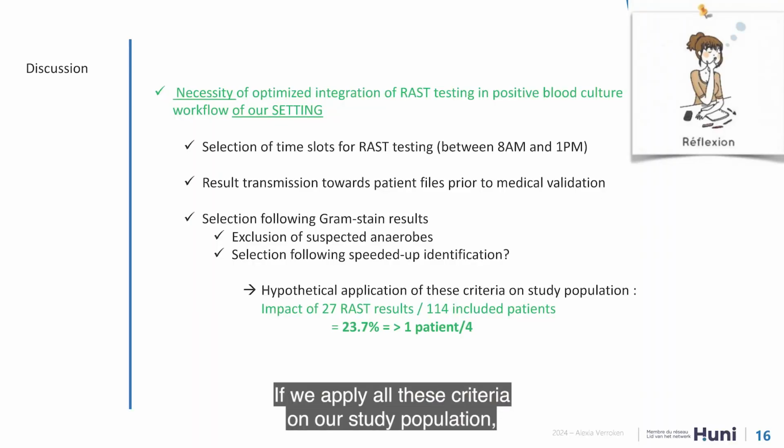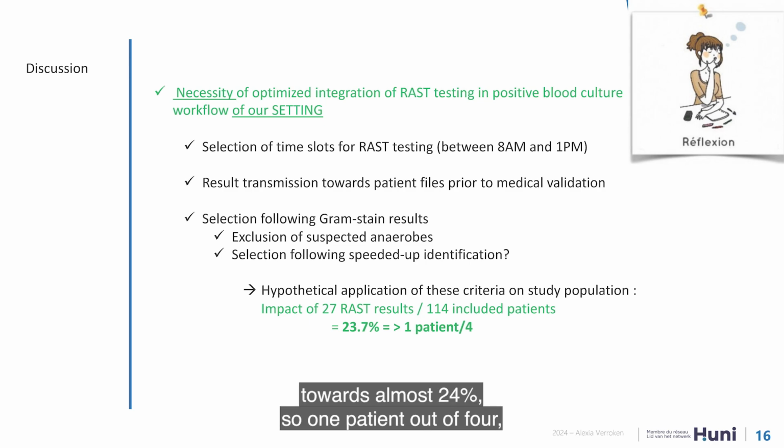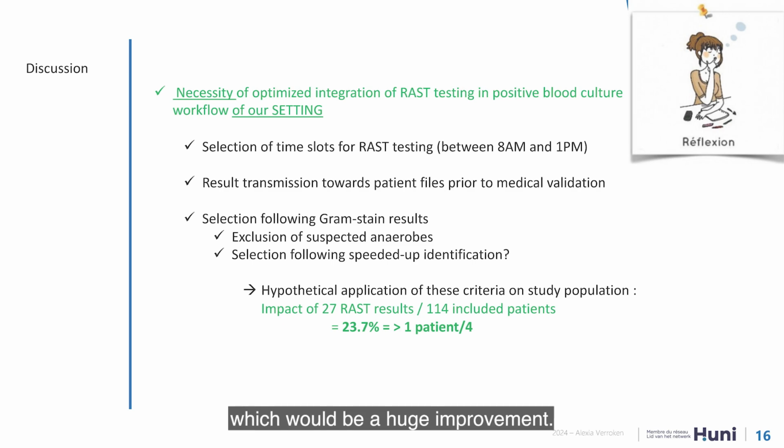If we apply all these criteria on our study population, we would certainly be able to improve the impact of the rapid AST results towards almost 25%, 24%, so one patient out of 4, which would really be a huge improvement.